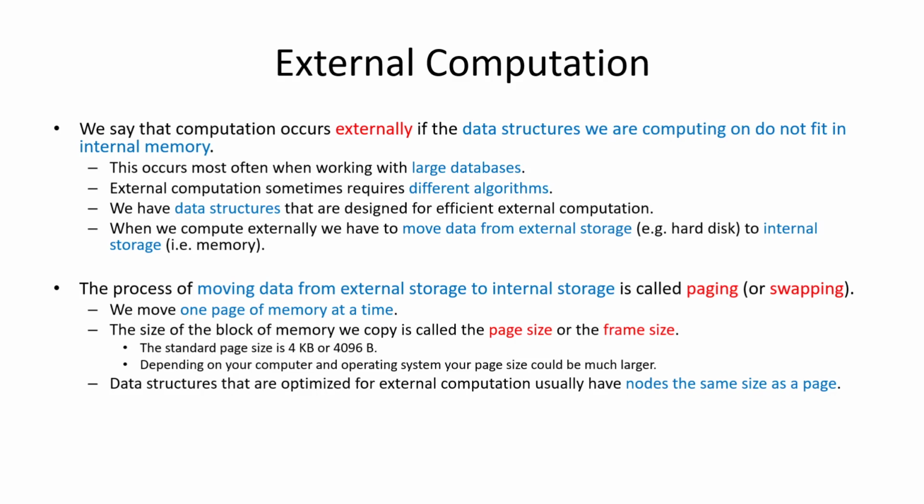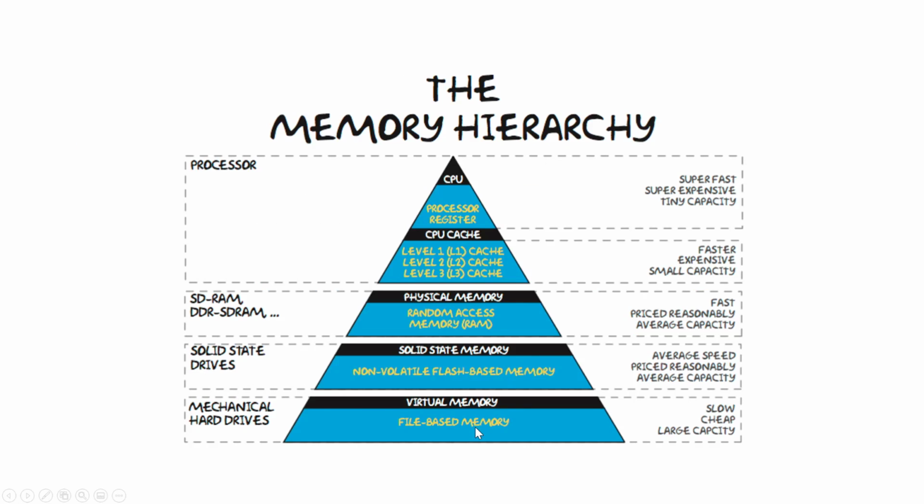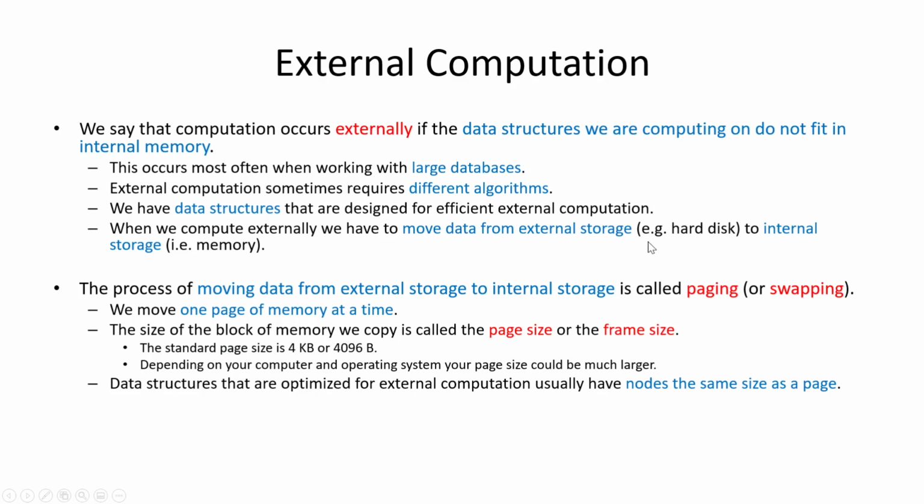And then the main thing that I want to focus on that I realize I haven't really highlighted yet is that when we're computing externally, the main problem is we need to move stuff from our cold storage, whether that's our mechanical hard drive, our network, or whatever, into physical memory. And when we do this, this process of moving from one storage to the other, we call paging.